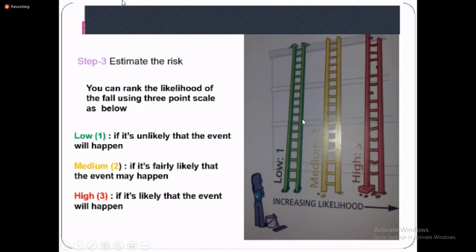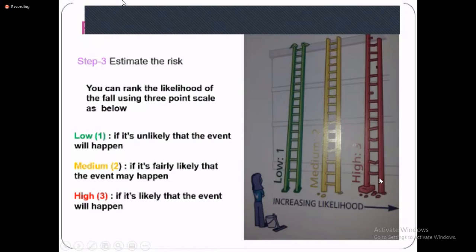Fall from here, right? You can see the rung conditions, one or two broken like this, and even the foot is not like this. Here the top area is also not seated properly, not attached there. Then the likelihood of falling from height while we are climbing up is high. Sorry, higher than the earlier level, but we can say, okay, medium.